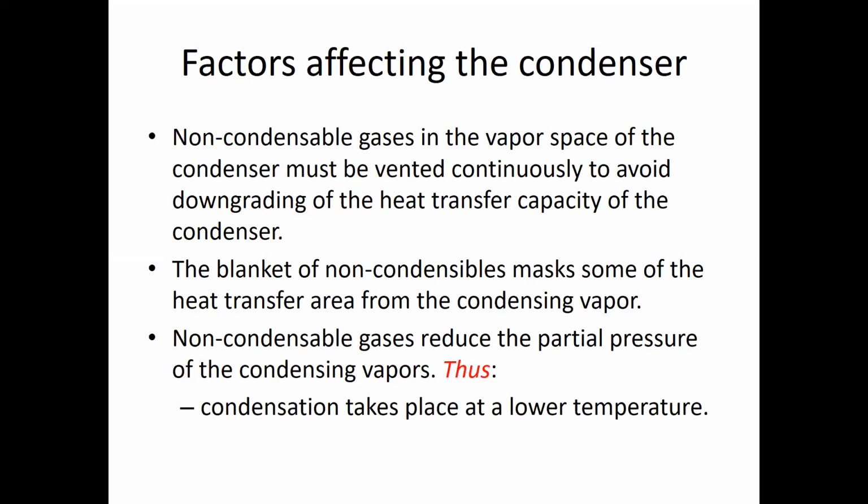We have to have a unit or a system that vents these gases out. Normally, we don't consider this in our mathematical analysis, but practically speaking, you have to make sure that you vent out these gases so that they do not affect the performance of the unit. In all thermal power plants, they have a way to get rid of these gases, so as not to affect the performance of the unit.